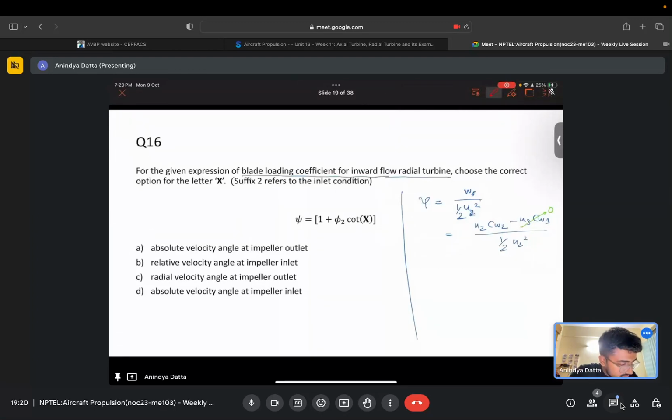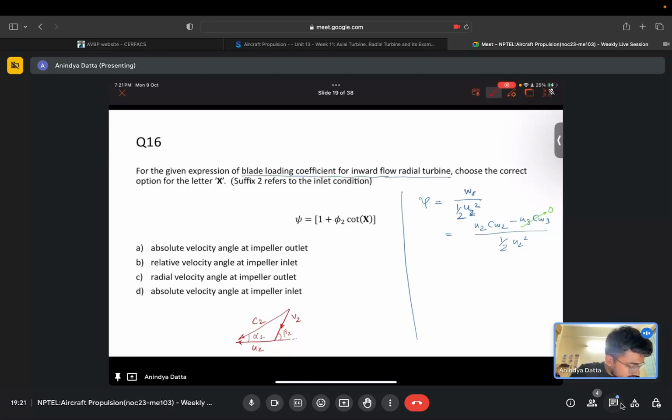Since this is not specified as a 90-degree inward flow radial turbine, we can just draw a general inlet velocity triangle. So we'll get something like this: V2, U2, C2. So this is our beta 2 and this is our alpha 2.